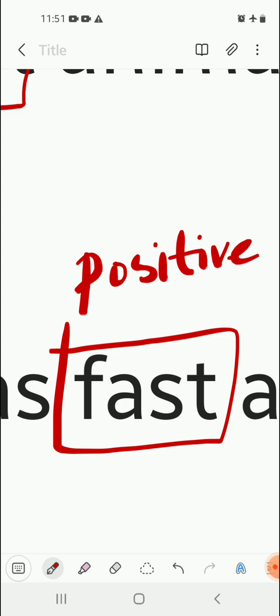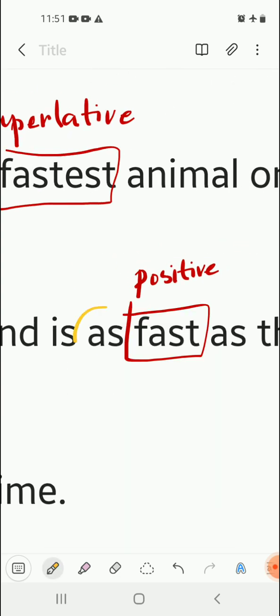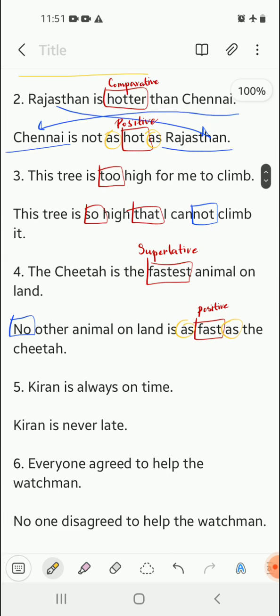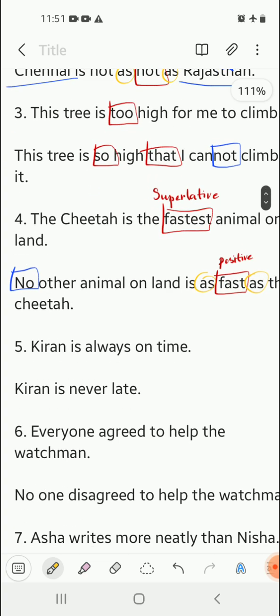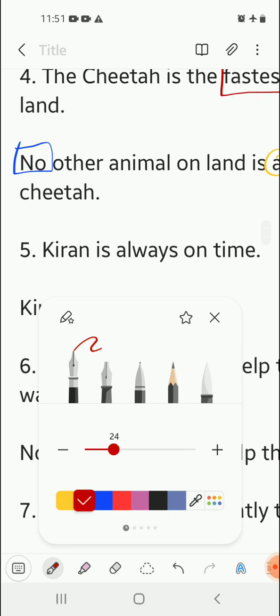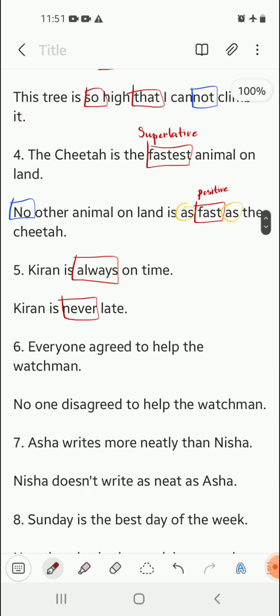And in order to make a superlative sentence negative, we have to insert two as's on both sides of the positive degree. Next, Kiran is always on time, which means she's never late. So always will change to never. The rest of the sentence remains the same.